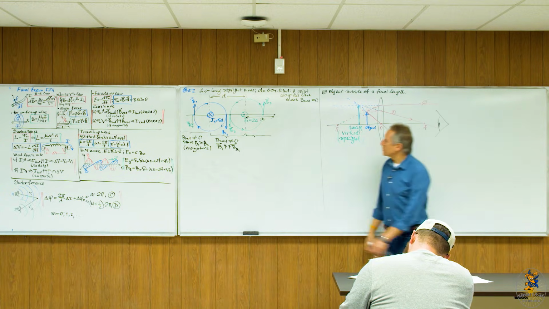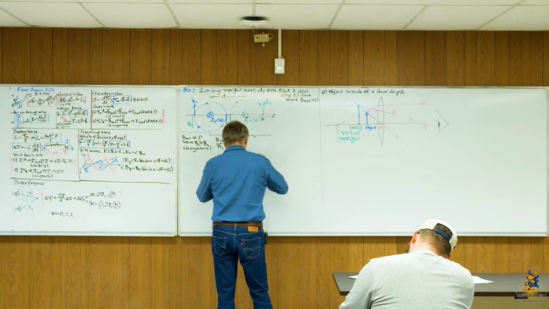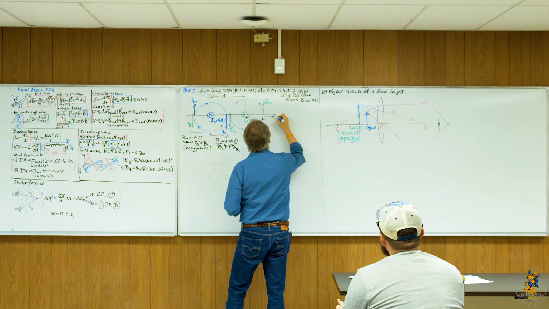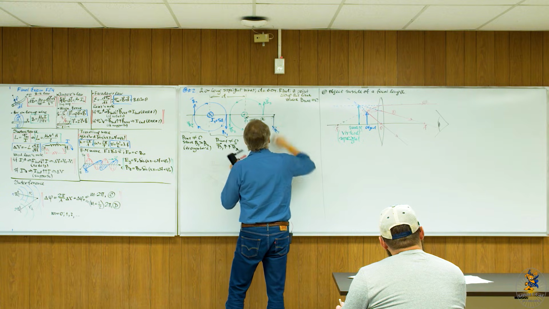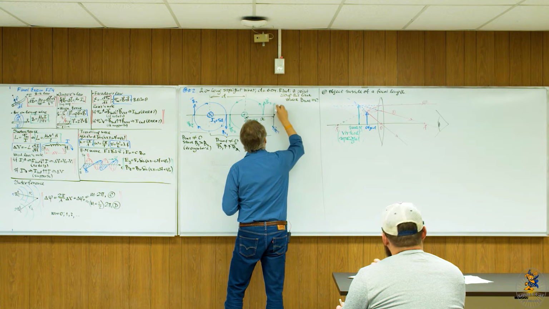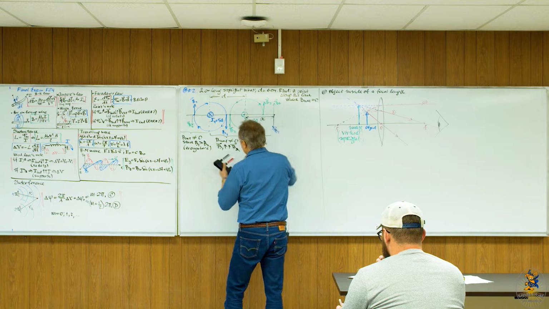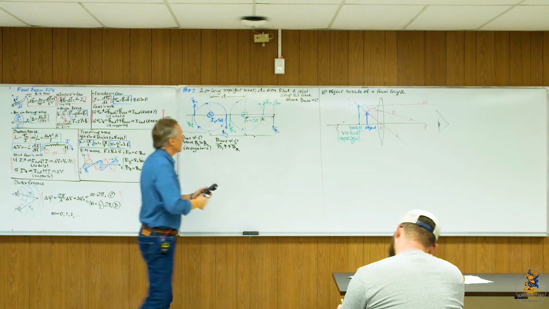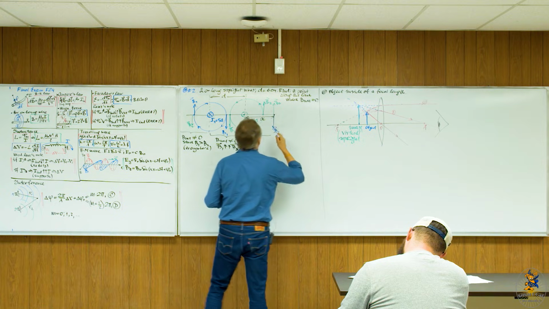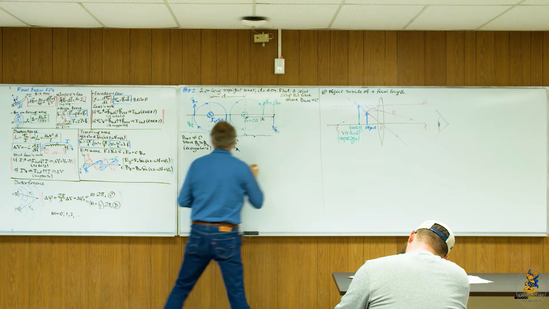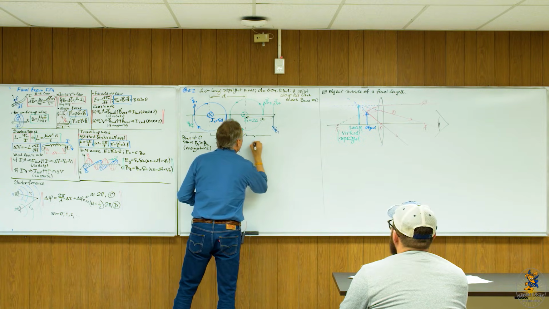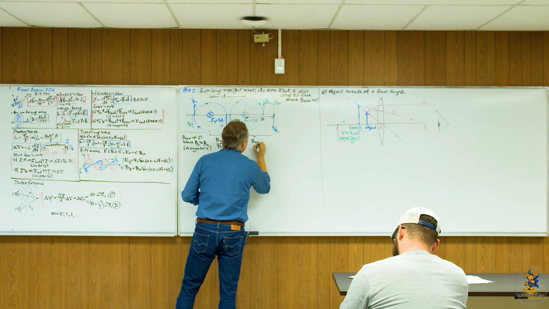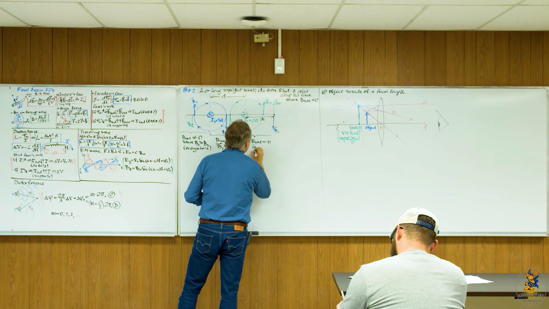Okay, and at this point, B1 will be down, B2 will be up, and at this point, we claim they should cancel each other. Okay, so now let me call it region number 3. So B net equals 0 is possible.